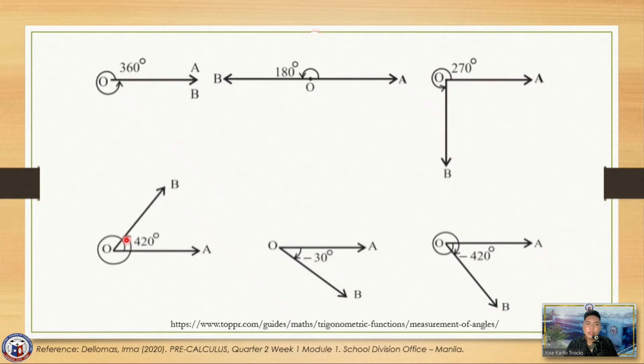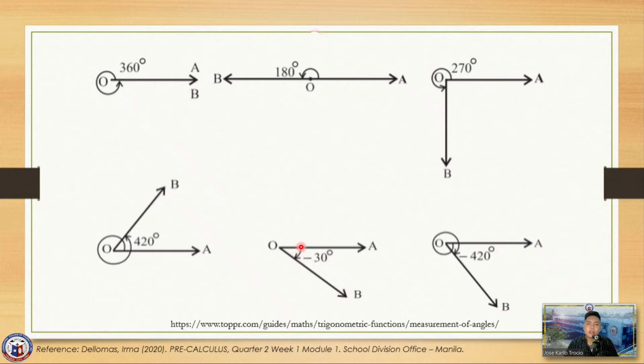So you see, look at this, the initial and the terminal side, the ray B. Look at example number 5, negative 30 degrees. That is going clockwise, going downward to the right.